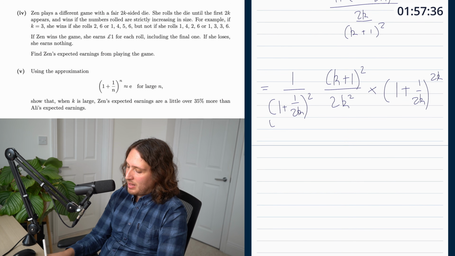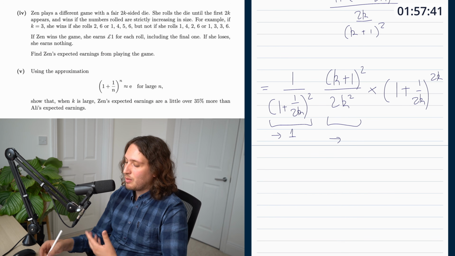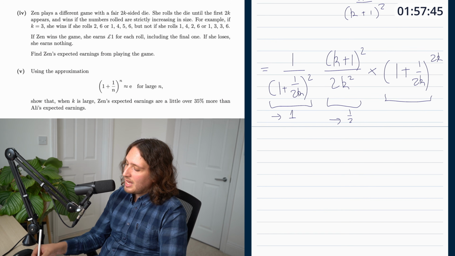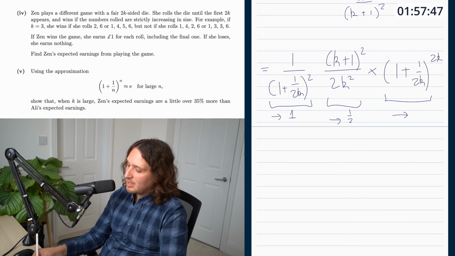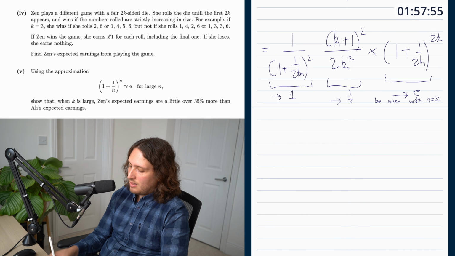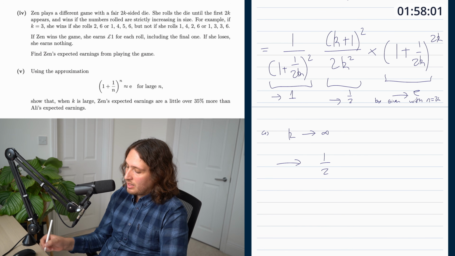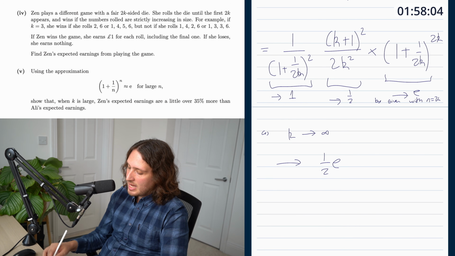So now bit by bit, this tends to 1. This is a k squared over a 2k squared, so it tends to a half. And this, by the result, tends to e, with n being 2k. So this thing, as k tends to infinity, I've got 1/2 e.